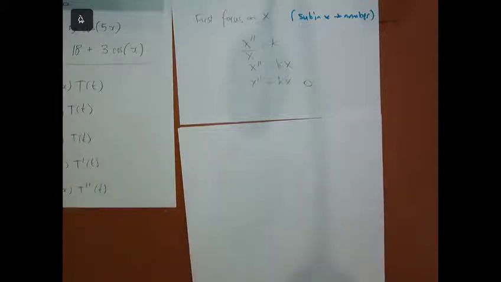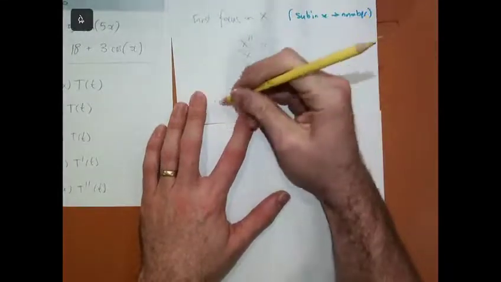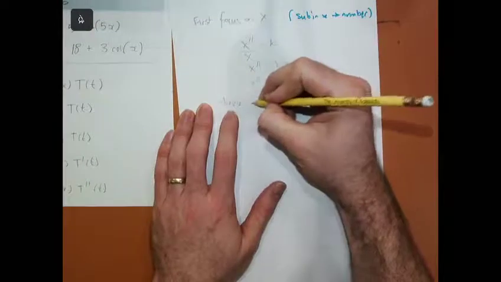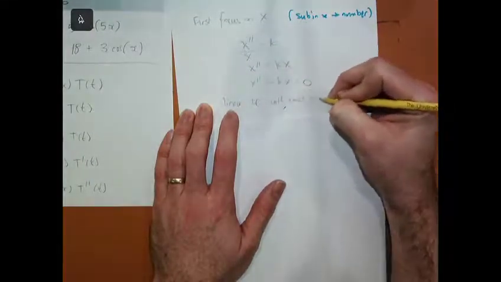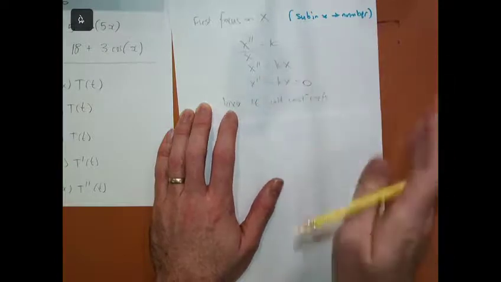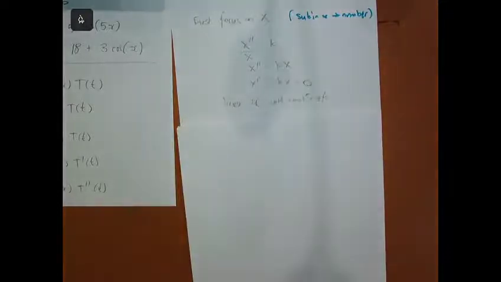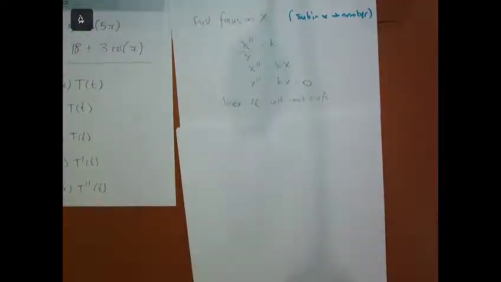This is, ready, a linear differential equation with constant coefficients. The only difference between this and my ordinary linear DEs with constant coefficients is that I don't know what the constant actually is.